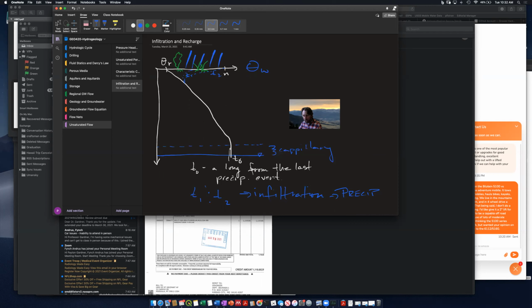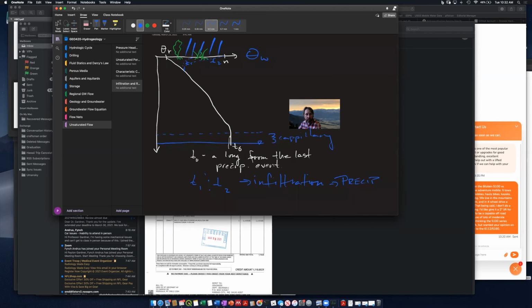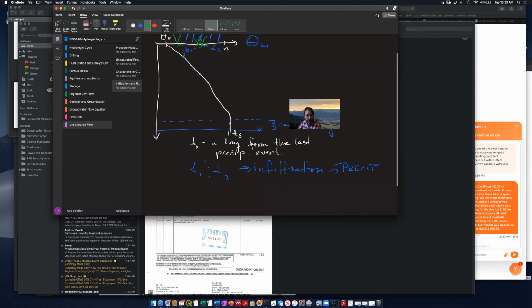Now, after the event, we've got all this water and it's going to drain down into our soil profile, and we call that redistribution. So let's call T3 and T4 redistribution.